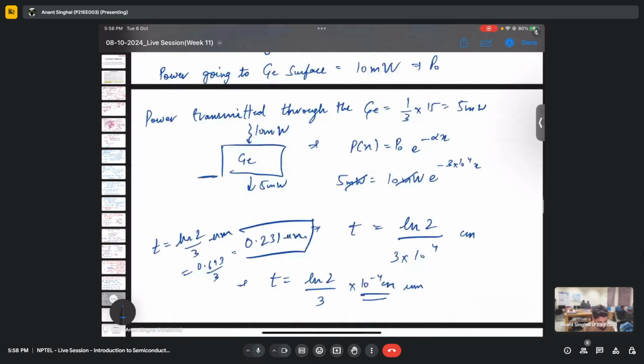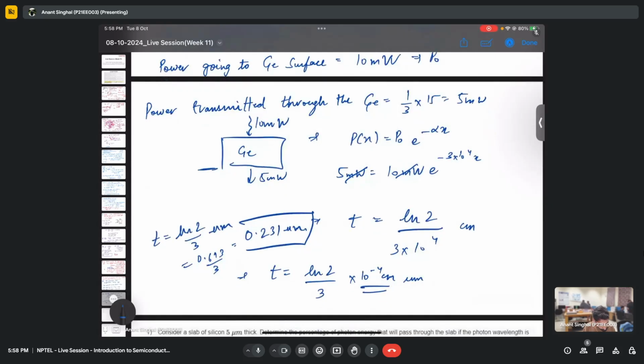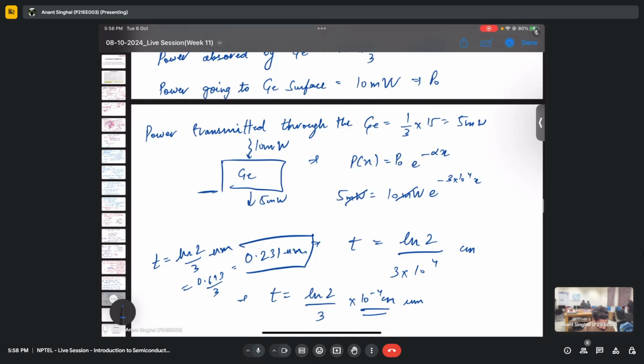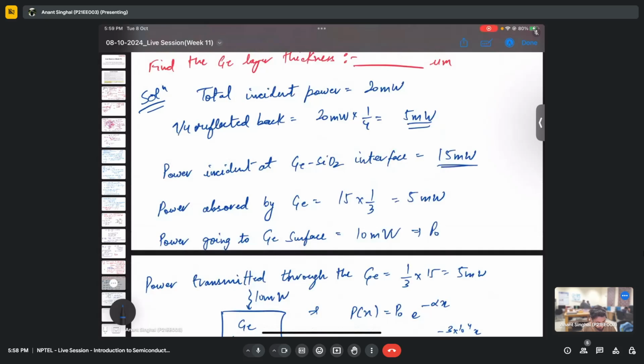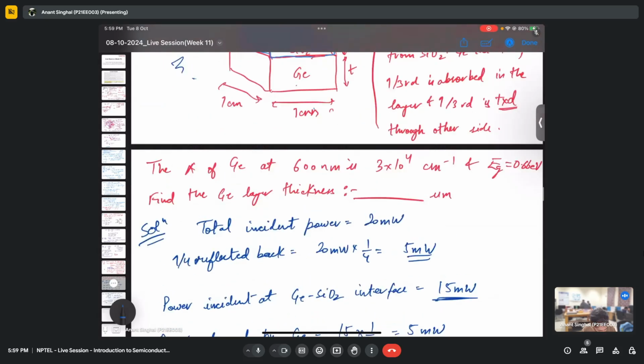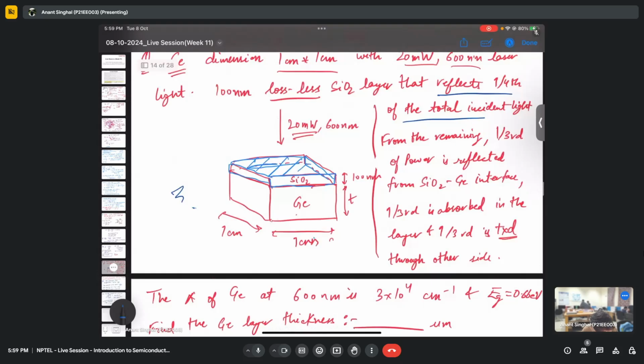Sir, why didn't we take the power incident on the germanium surface to be 15? Oh, so 15 is at the interface. So that is fine, because somewhere it is written that one third is reflected from the SiO2 interface, right? So we have 20.